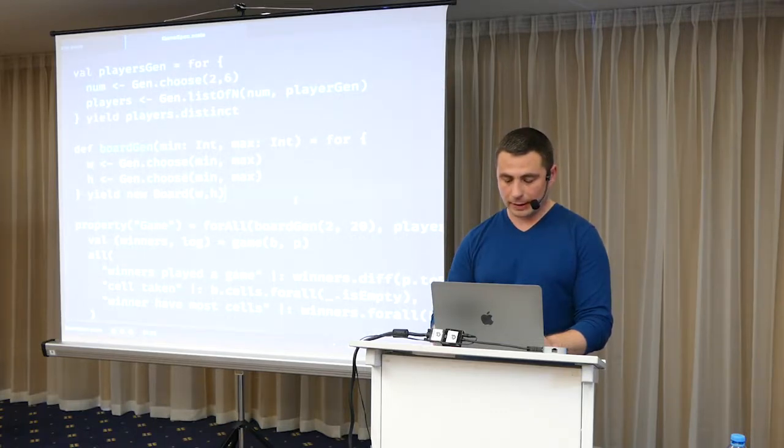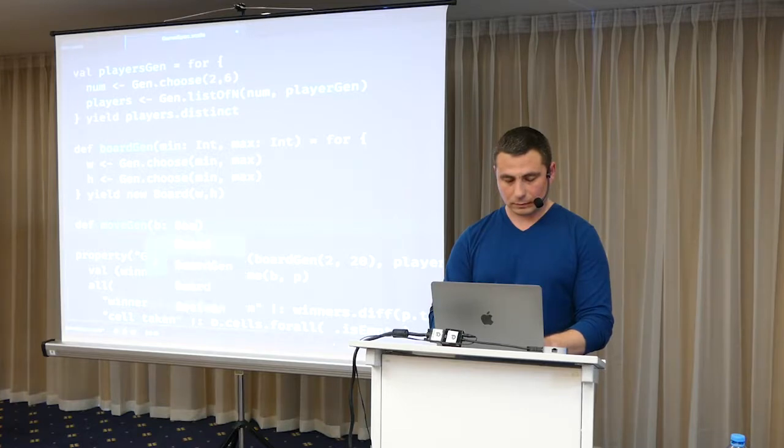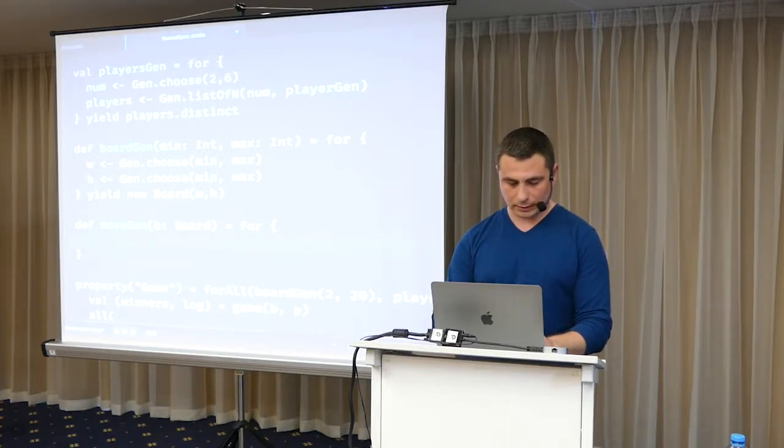Let's define it dependent on the board, and it will take a board. And it's actually quite easy. Oh, sorry. So we just say the x would be choose 1, 0 on board, h minus 1, and for y like that. And then we just need an edge, and an edge will be gen 1 of.